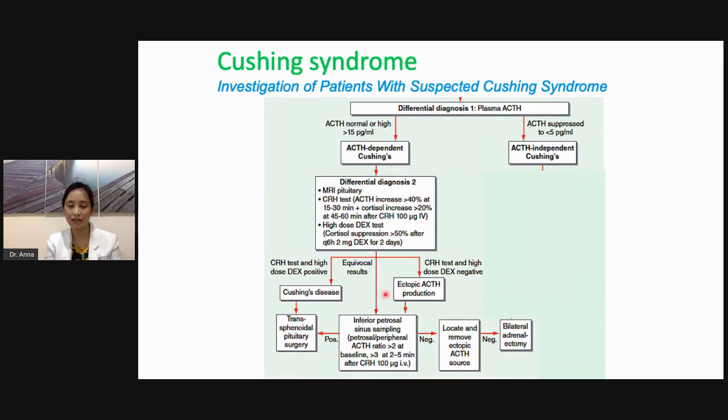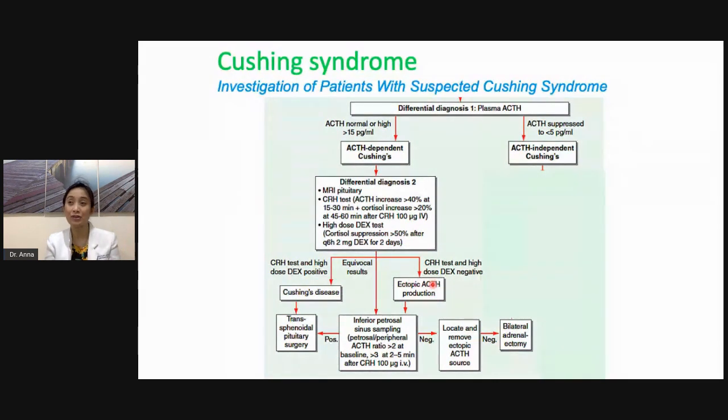If there is an equivocal result, then you can do inferior petrosal sinus sampling. But of course, this is under the guidance of your endocrinologist. If the pituitary MRI is negative and your high-dose dexamethasone test is negative as well, then you can now consider an ectopic ACTH production.